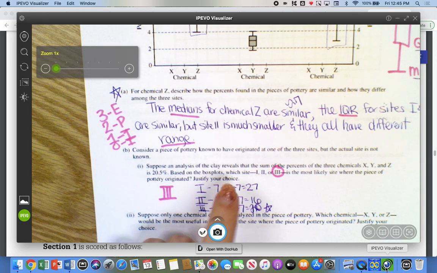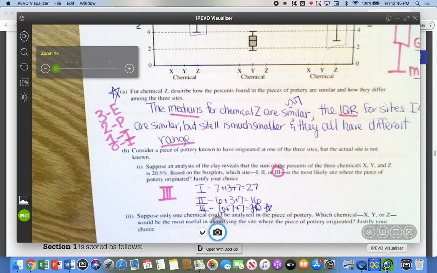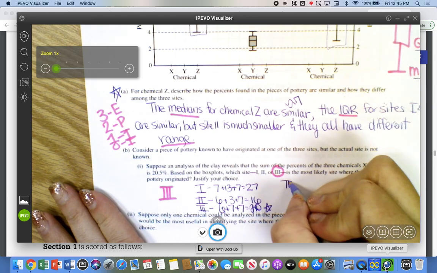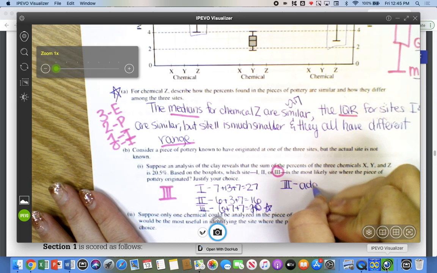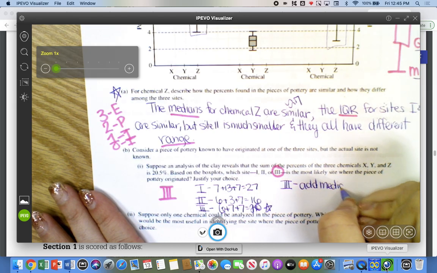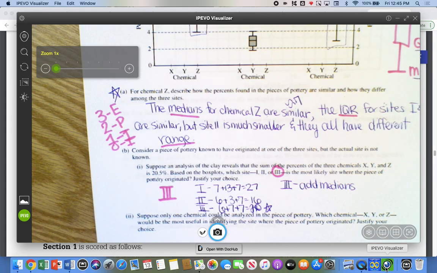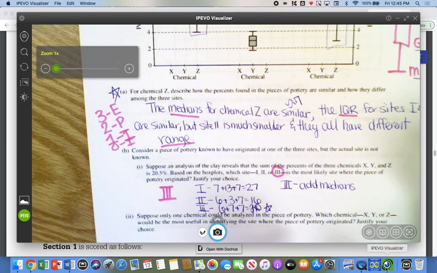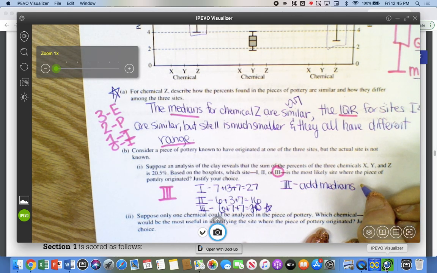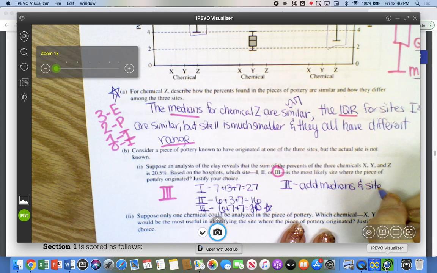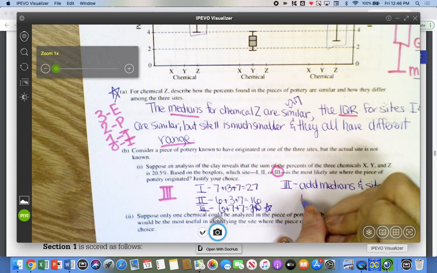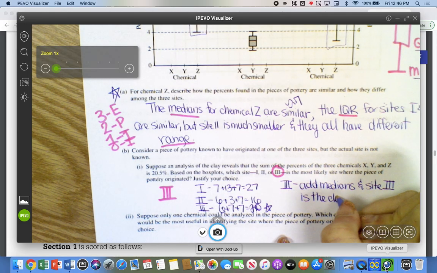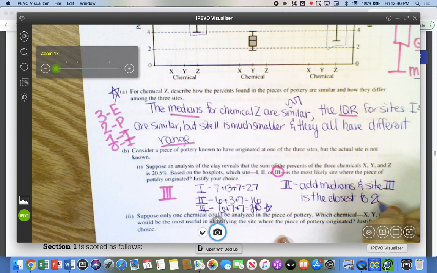If you show any sort of work or just explain, we choose site 3 if you add the medians, because that is the middle, you expect half of your data to be around the middle. So site 3's median sum is the closest to 20.5.